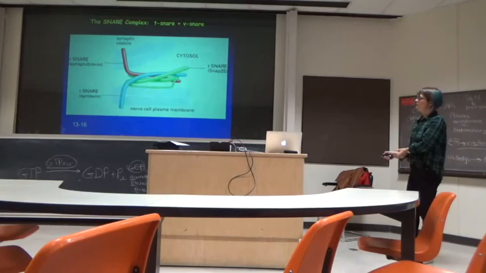And the reason they fuse with the appropriate plasma membrane is that in the nerve cell plasma membrane, the T SNARE is called syntaxin. And nerves are a little bit different in that they have sort of a third T SNARE called SNAP25.